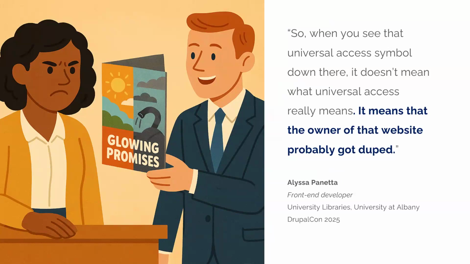And keep in mind, the room was full of people who specialize in web accessibility, and we were talking specifically about things you can use with Drupal. And she said this: when you see that universal access symbol down there, it doesn't mean what universal access really means. It means that the owner of that website probably got duped. The whole room burst into laughter and applause because she said what we were all thinking.